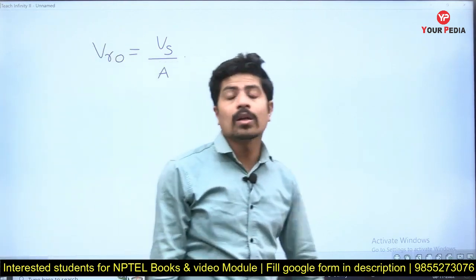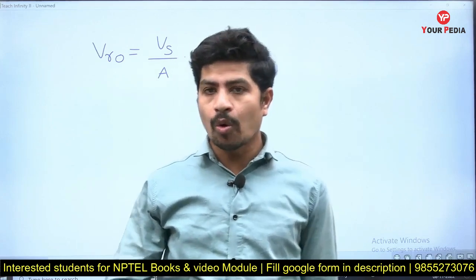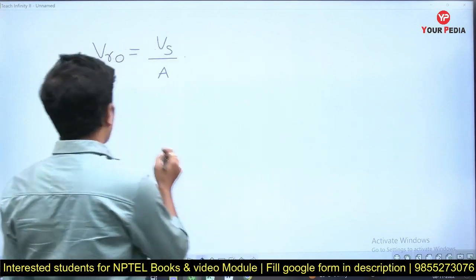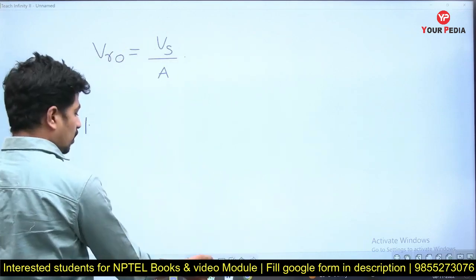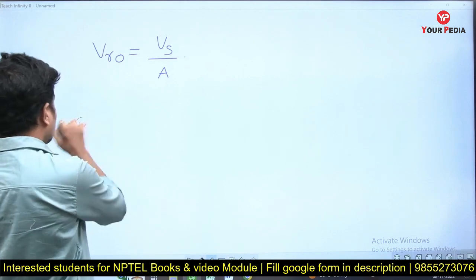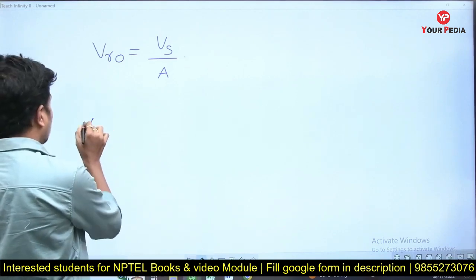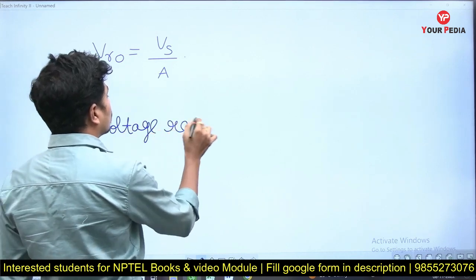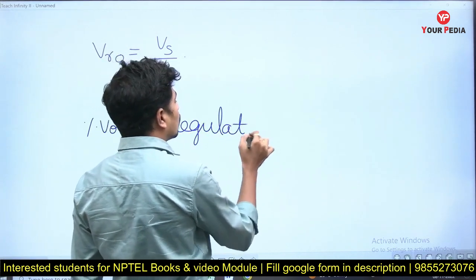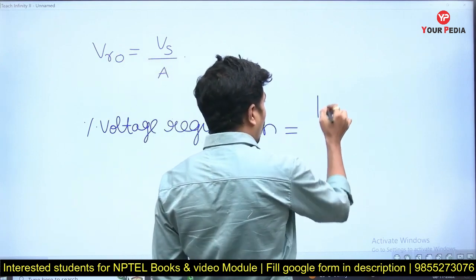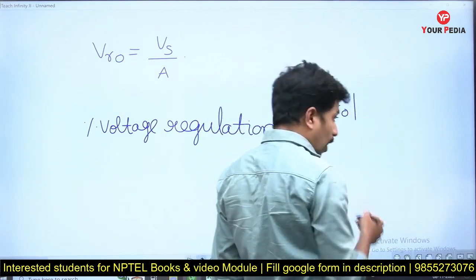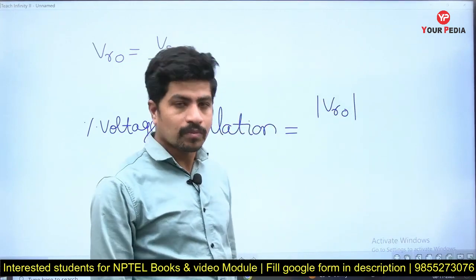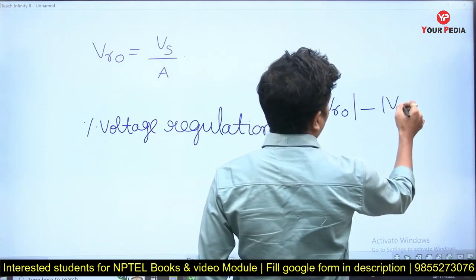Now what is being asked? He wants the percentage change in the receiving end voltage, which is nothing but voltage regulation. What is the formula for voltage regulation? One must understand the formula carefully. Percentage voltage regulation is equal to mod VR naught, the no load receiving end voltage, only magnitude, minus mod VR.